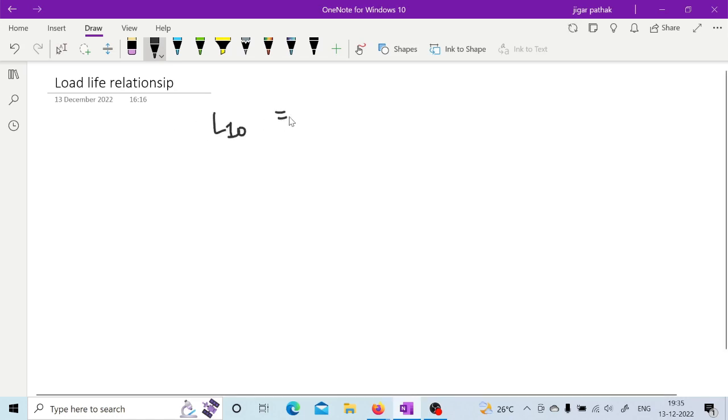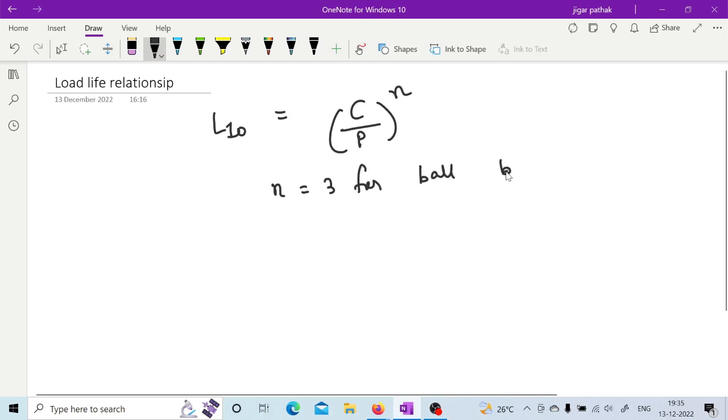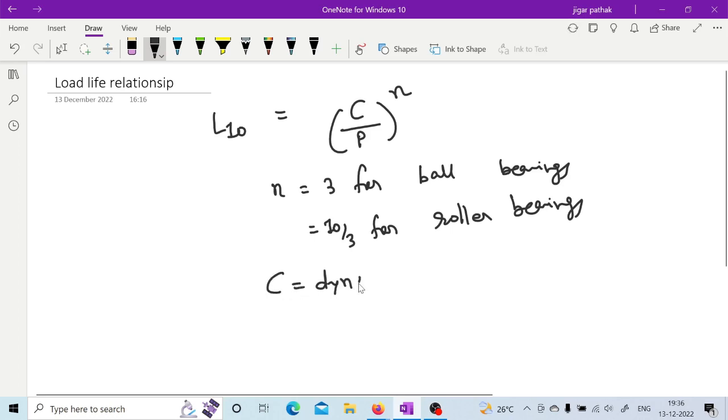If we consider the L10 life, it is represented as C by P raised to n, where n is equal to 3 for ball bearings, and 10 by 3 for roller bearings. Now C is nothing but the dynamic load capacity.